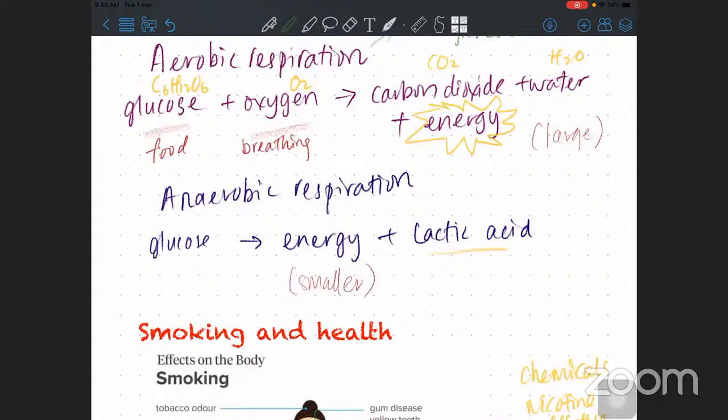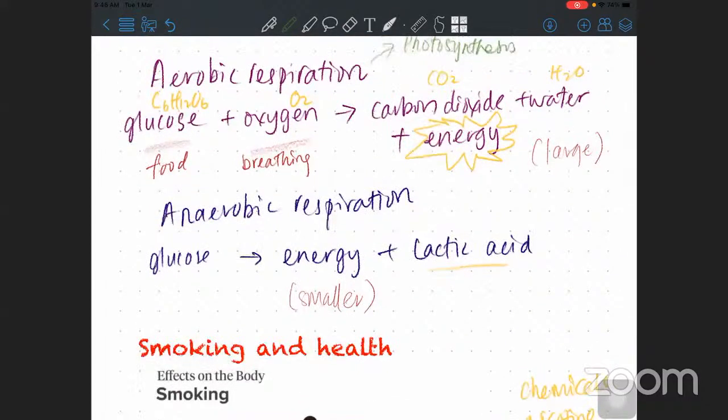The difference between these 2 is that this gives a large amount of energy, but this one gives a small amount of energy, and then we know the risks of smoking.